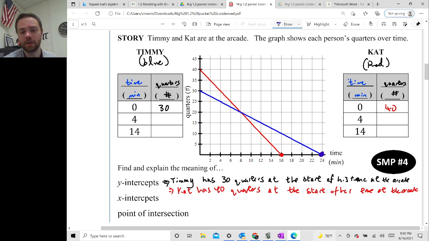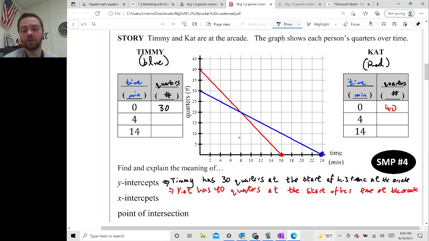So that's what you're looking at. You're looking at the x-intercepts, the y-intercepts, and you're telling me what they mean. So I'm going to trust that you know that Kat runs out of quarters at 16 minutes, and Timmy runs out of quarters at 24 minutes. So I'm not going to write that in there, okay?